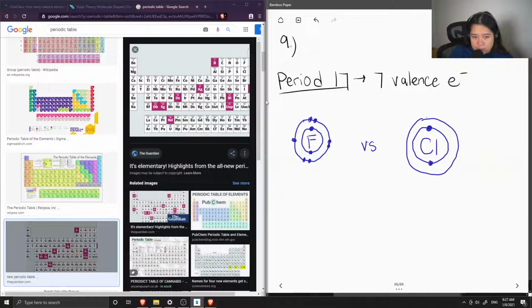So this second ring has the full 8. And now when we draw out our third shell, we've drawn 10 electrons so far, so chlorine has 17. So we just need 7 more.